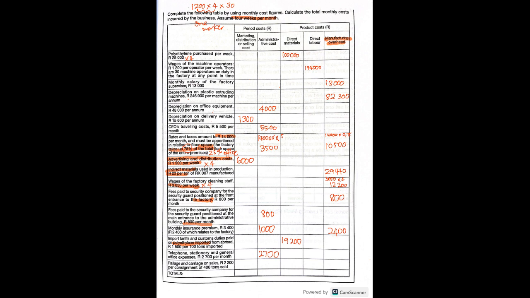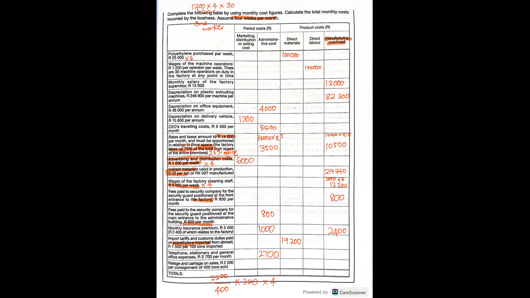So it's the same idea as I had done just now with the import tariffs. You're going to say that the cost per consignment is 2,200 divided by 400. This then is multiplied by 320 products that are received, but this is for a weekly basis, so you're going to multiply further by 4, and this is going to tell you that the railage and carriage costs 7,040 rand.